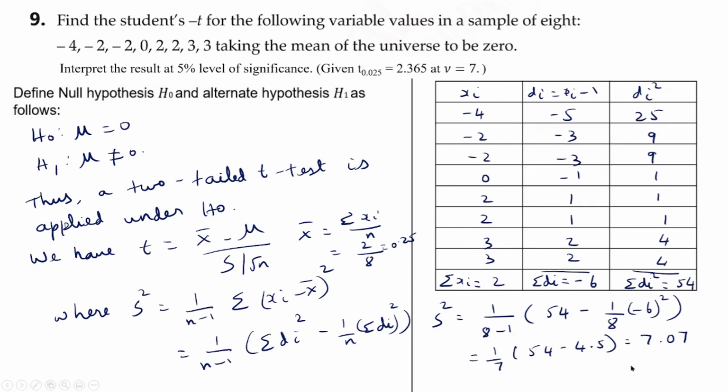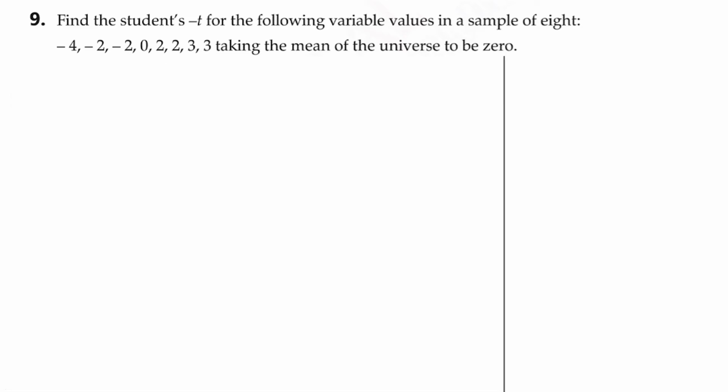Now here we got s square as 7.07. We need to find s. So let us find the square root of 7.07. We have to take the integral value separately and the decimal value separately. So here we have 2 into 2 is 4. Then if we subtract, 7 minus 4 is 3.